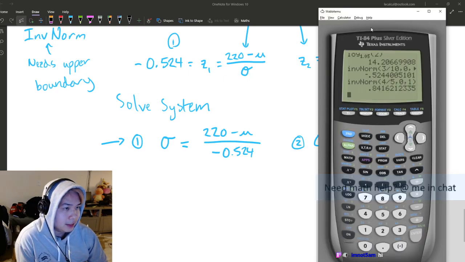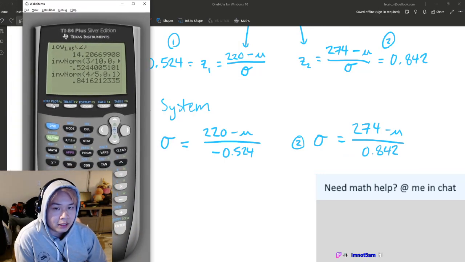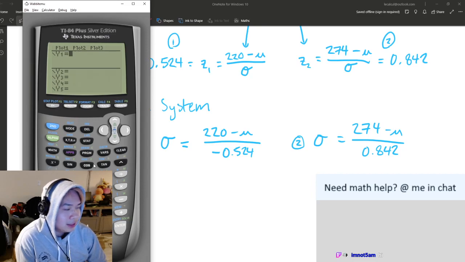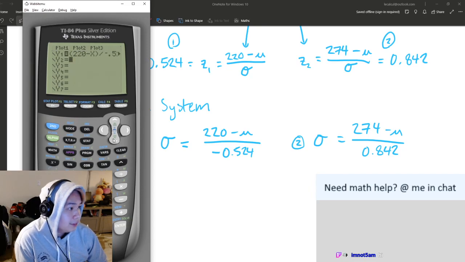And I'm sure your graphing calculator has a fancy way to solve systems, not through graphing, but I don't know. There's too many functions, and I don't want to bother remembering them all. So I'm just going to graph them and find their intersection, because that also always works.